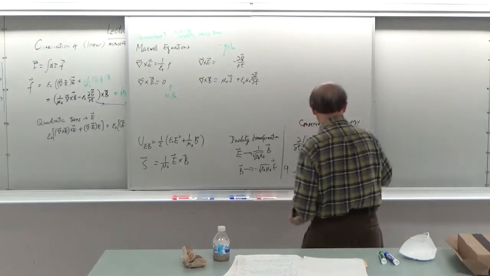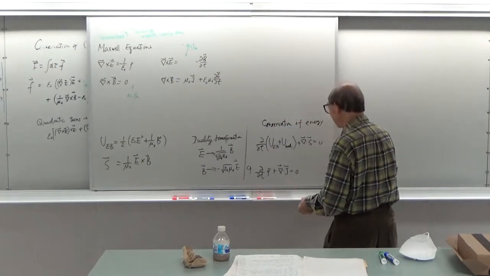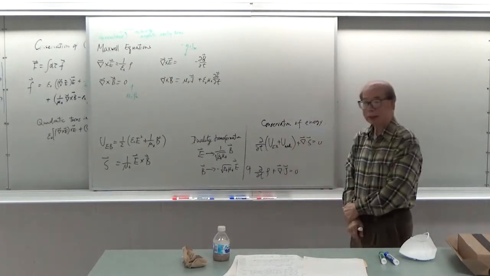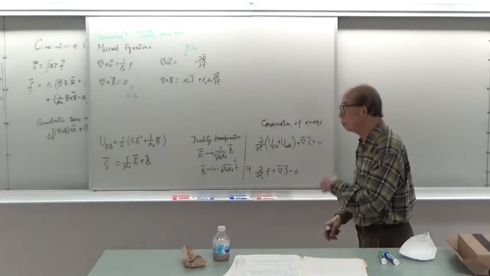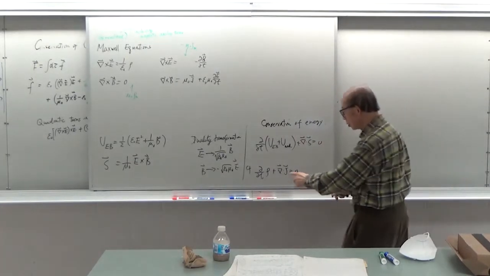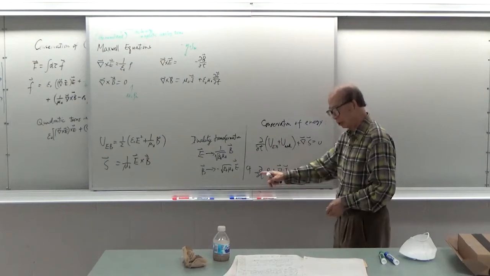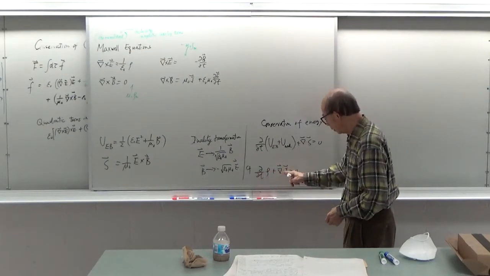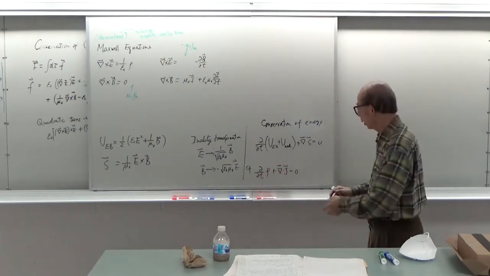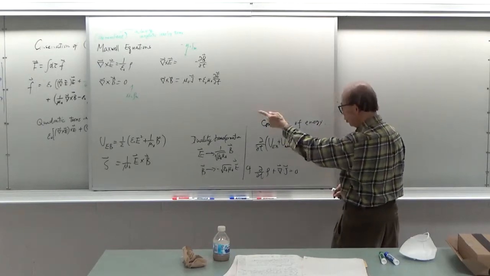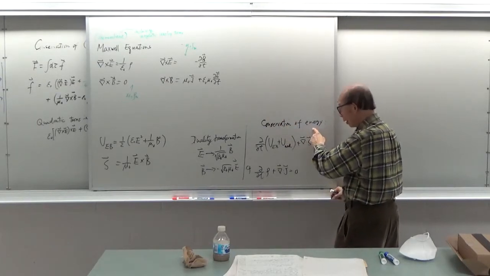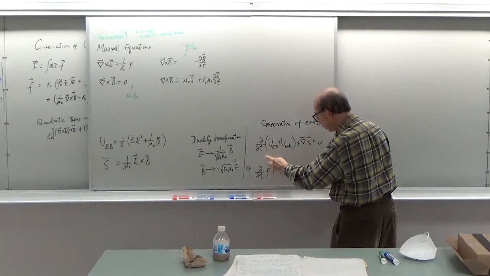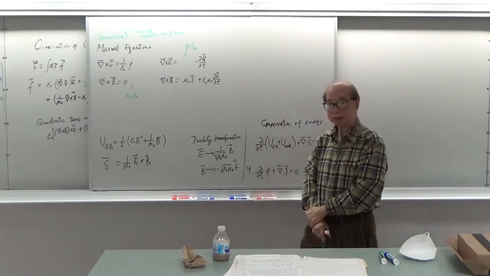The end result is an equation which looks remarkably like the conservation of charge expression. Conservation of charge is del rho by del t plus the divergence of the current density. For conservation of energy, we found del by del t of the sum of energy densities.